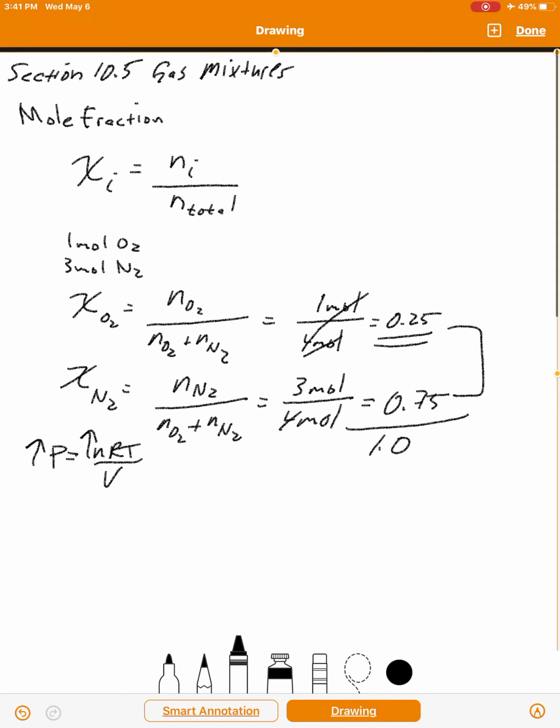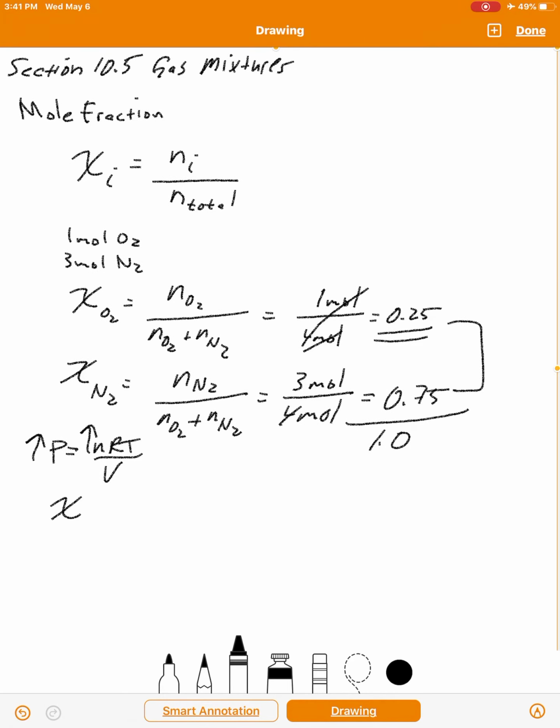The mole fraction of a gas is equal to the partial pressure of that gas over the total pressure. That's an interesting relationship, and it's a very useful one. Meaning that as the partial pressure of a gas in a mixture increases, the mole fraction should increase as well, or vice versa. Okay, so that's pretty nice.